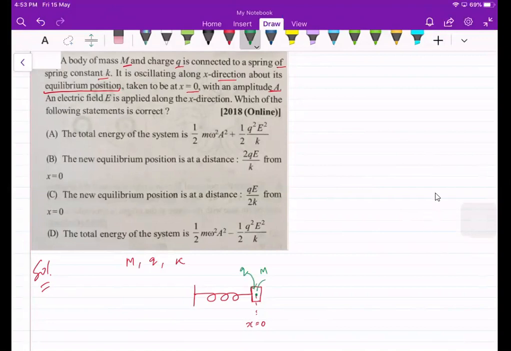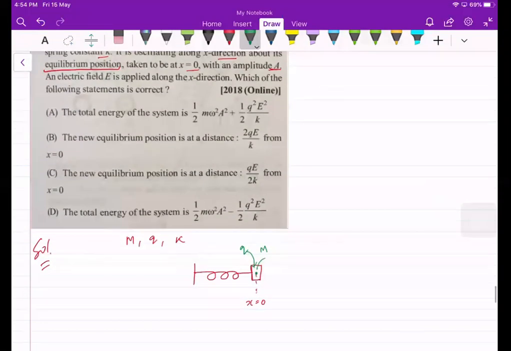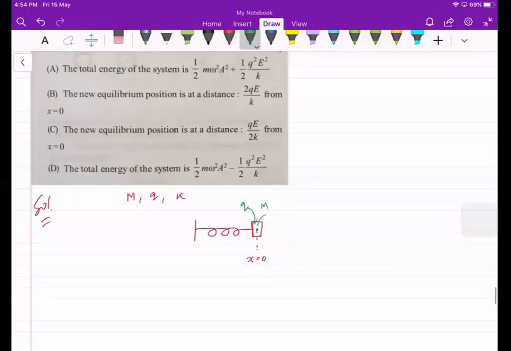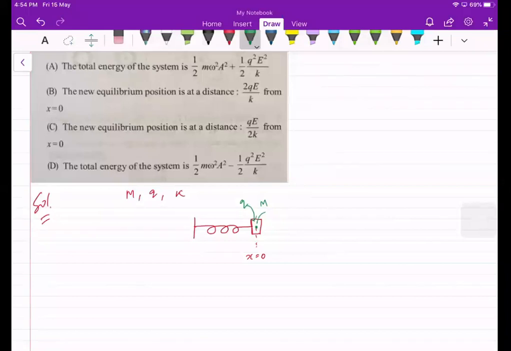Until or unless we have some electric field given here, there is no effect of q. And if we apply an electric field here, then you will feel the role of q in the SHM. So that's the one point. So in this starting point, we just understood the situation that there is no electric field in the figure 1 case.